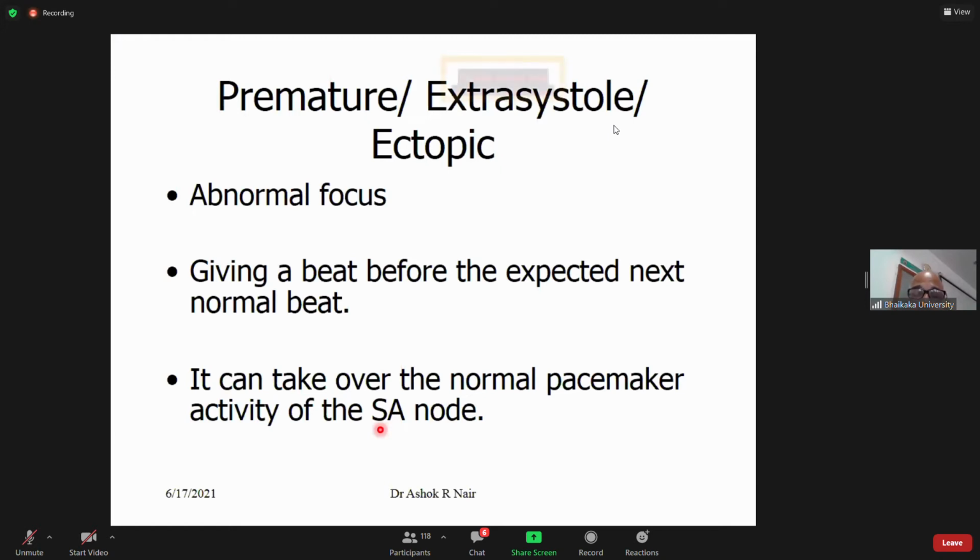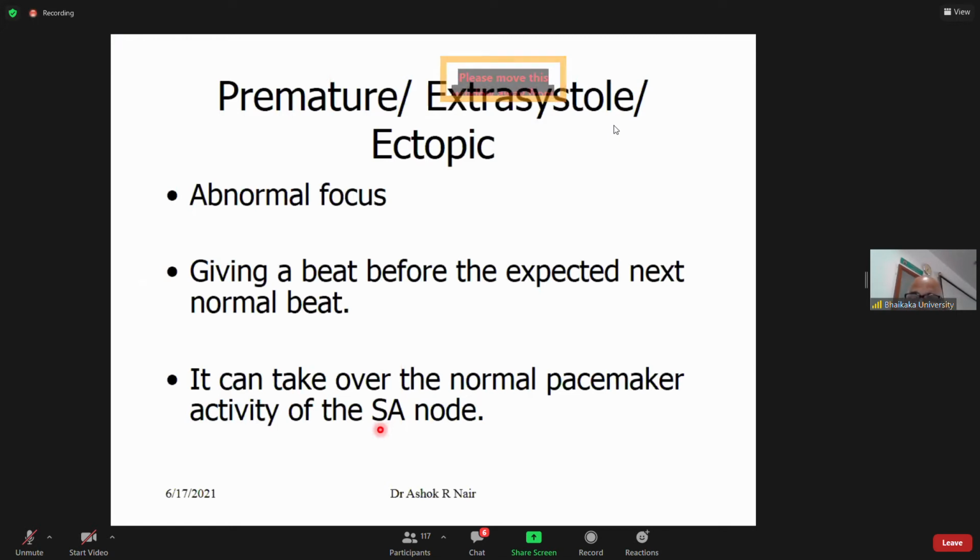But sometimes, the muscle also has a property of irritability. There can be an abnormal focus which can get excited in the muscle.